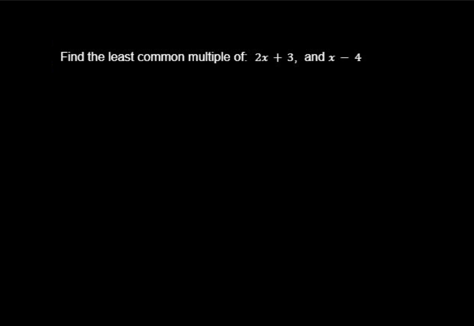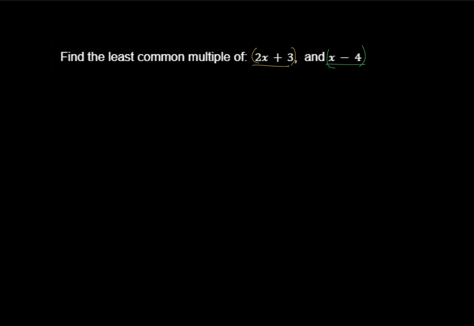So to emphasize this again, while this 2 and x are connected by multiplication, because there's addition on the outside of that multiplication that happens after the multiplication, that means this entire expression, 2x plus 3, is one factor. Likewise, for the x minus 4, because there's no multiplication at all, x minus 4 is considered one factor.